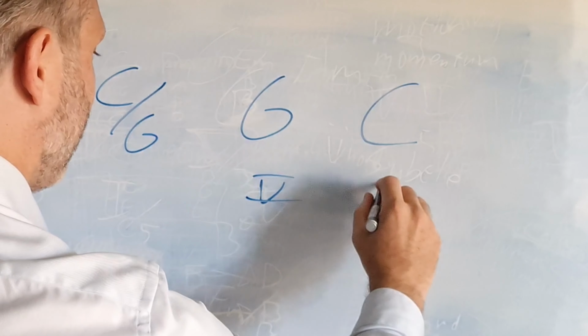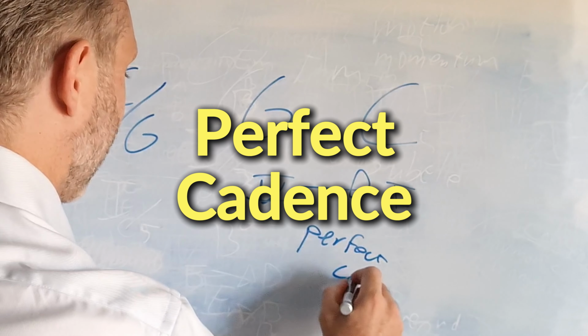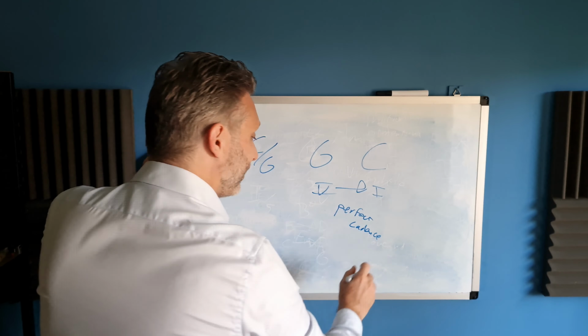Now, 5 to 1 is a typical example of a perfect cadence. Cadence being a way for chords to move into each other, typically for tension to resolve. And this to this is sort of a 4 to 1, kind of, depending on which key we're in.